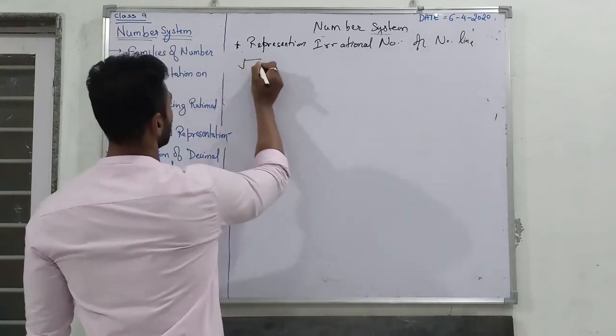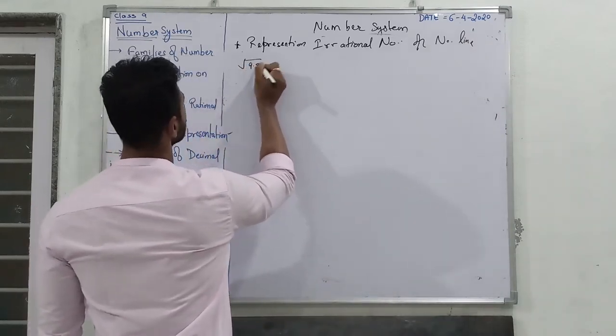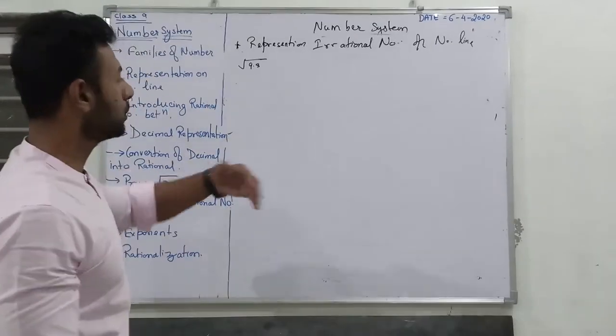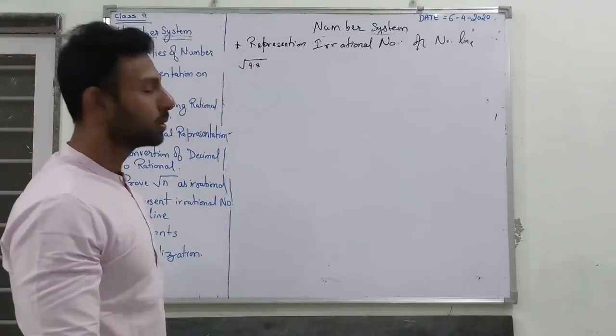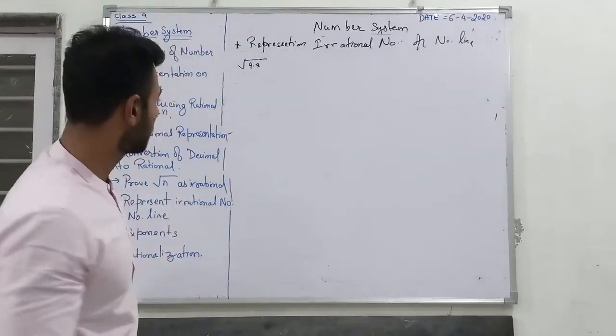Let us take an example of root 9.3. Now we have to draw this on the number line.